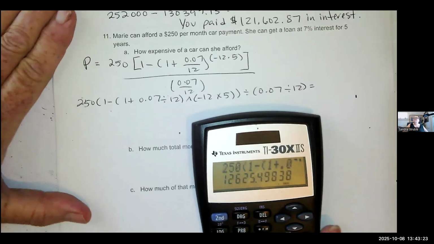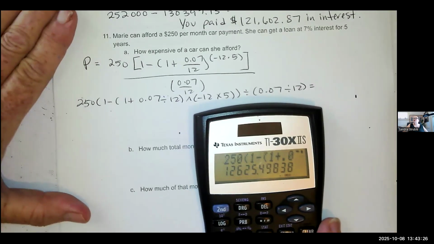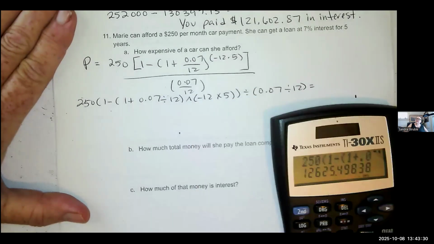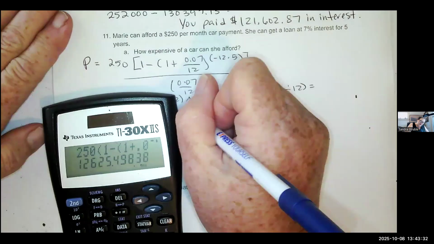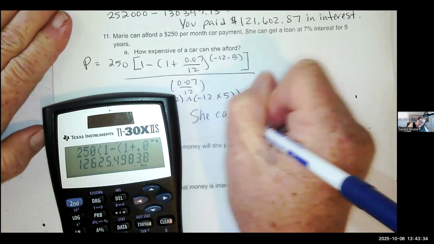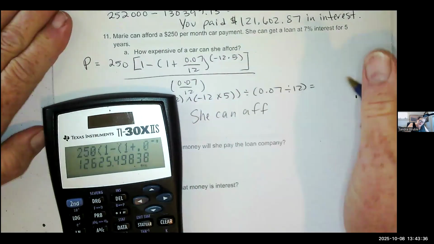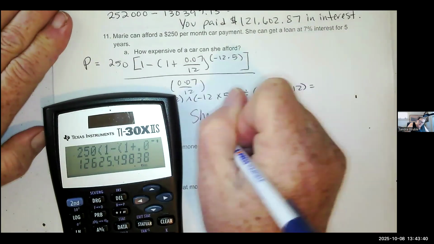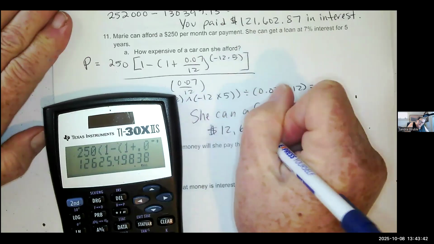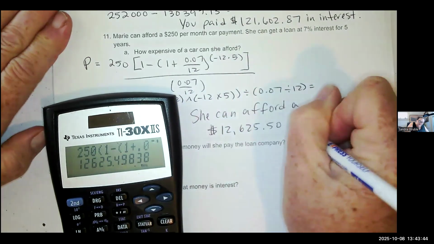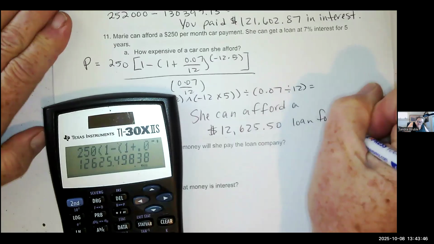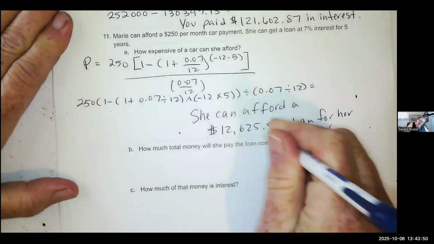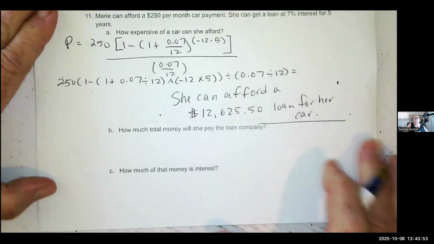So Marie can afford a $12,625 car and 50 cents for 5 years. That alone, she can afford making $250 a month payments, a $12,625.50 loan for her car. If the car costs more than that, she needs to save money prior. I say save money, period.